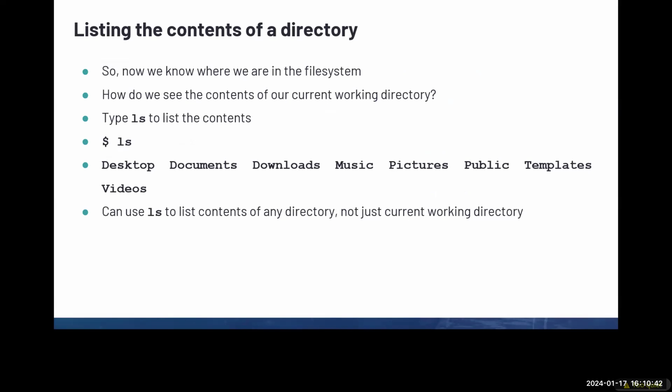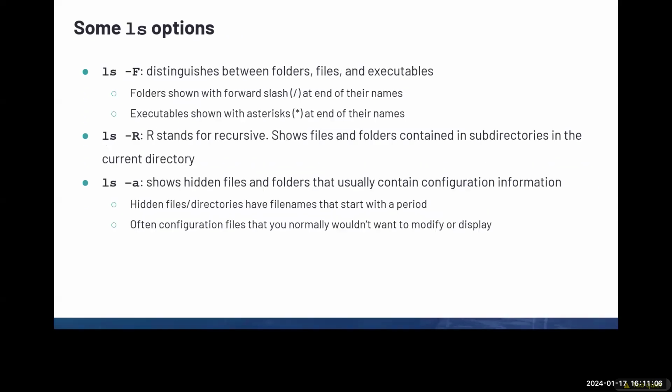If we just put ls, it will print the desktop, the documents, the downloads, the music, the pictures, the public, etc., which are all directories in our current directory. We can use ls to list the contents of any directory, not just the current working directory.